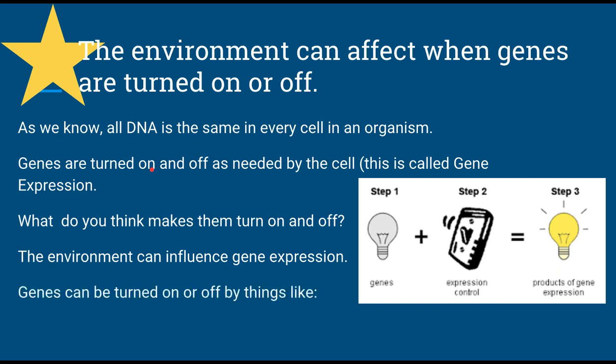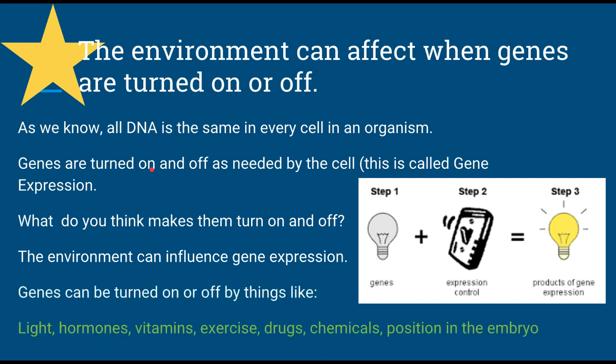Genes can be turned on and off by things like light, hormones, vitamins, exercise, drugs, chemicals, also the position in the embryo, where the cell is in the embryo. Remember when cells are like in a ball? Depending on what side of that little ball you're on, actually could affect what cell type they become, what genes get turned on and off.